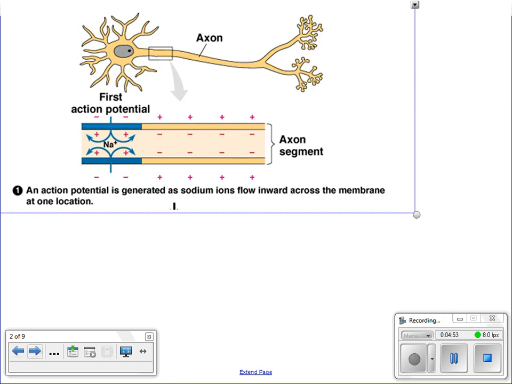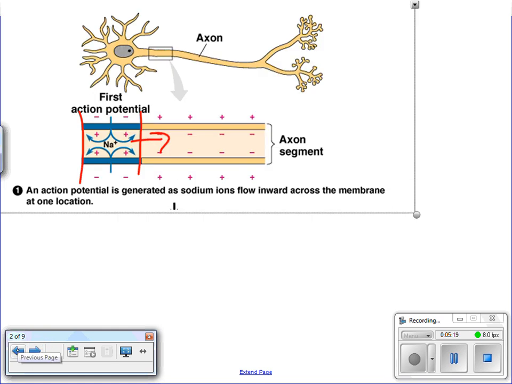You can see in this picture, as one segment of the neuron fires and goes through the first action potential, the sodium channels are going to open up. The sodium is going to move into that neuron, offset the charges, and that signal is going to be sent down the neuron in this direction.